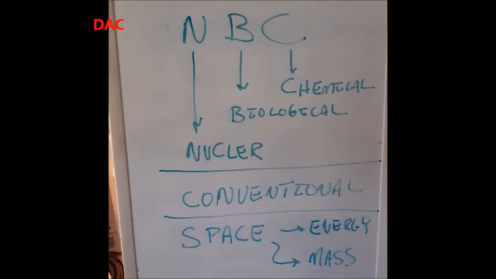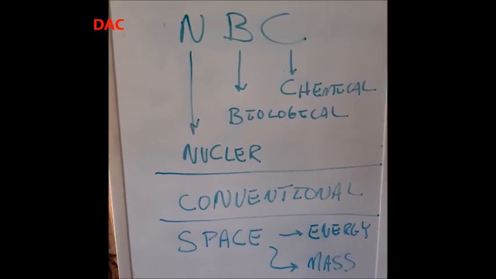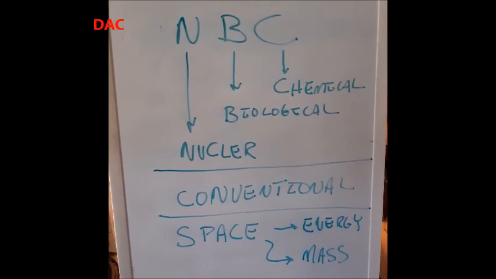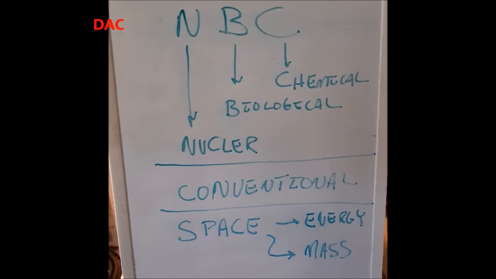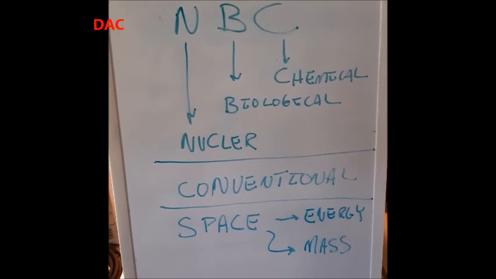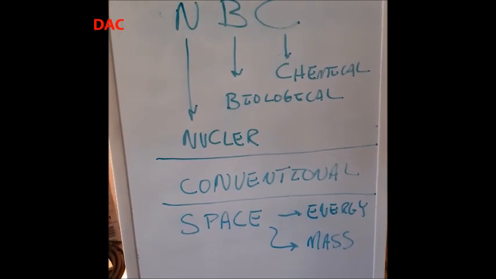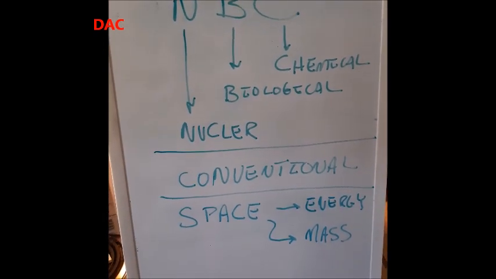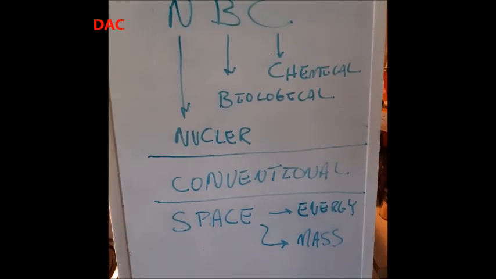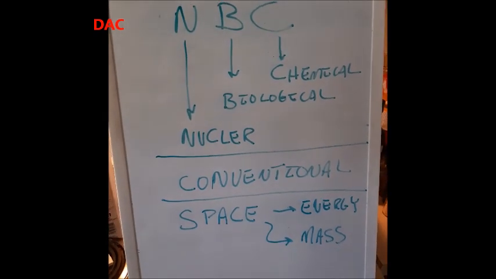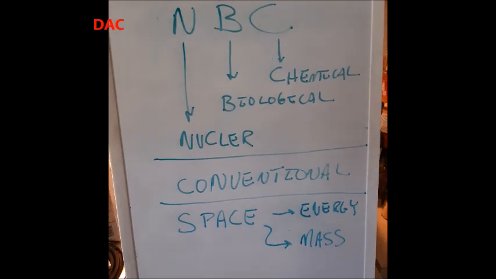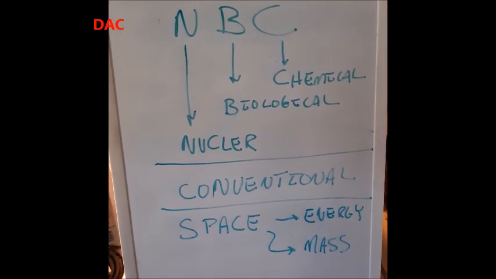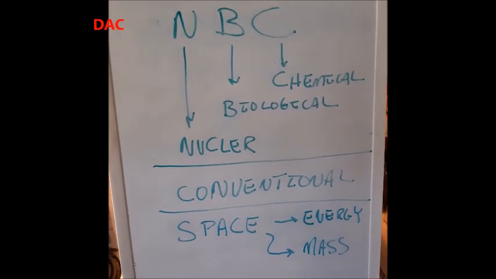In Russian doctrine, Chinese doctrine, and US doctrine, there's no separation between NBC. So NBC is nuclear, chemical, and biological. Then you have conventional weaponry, and then you have space weapons. And space weapons are composed of energy weapons and also mass drivers, which are kinetic weapons. So when you look at this chart, what you will find out is in the Third World War, in an actual nuclear war, all of these items will be in use.